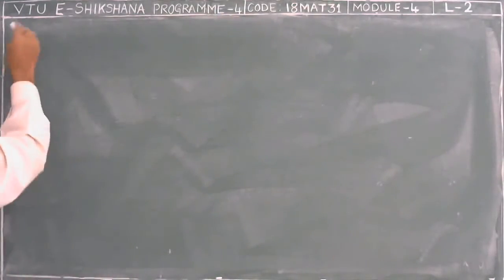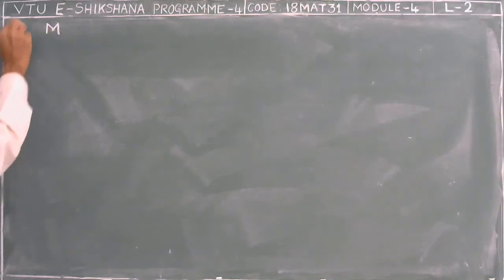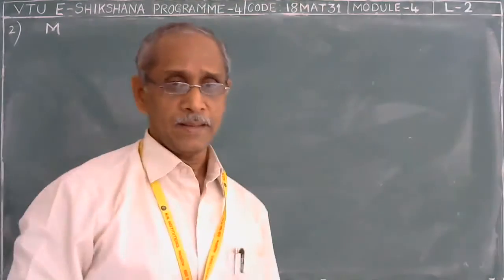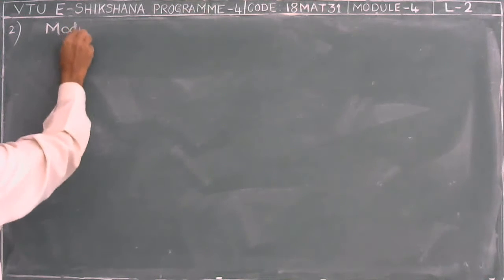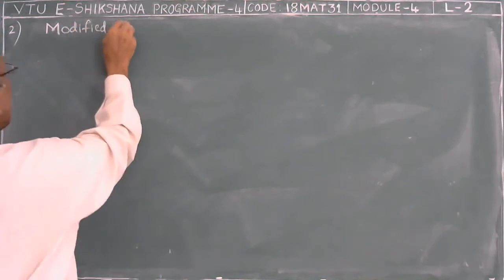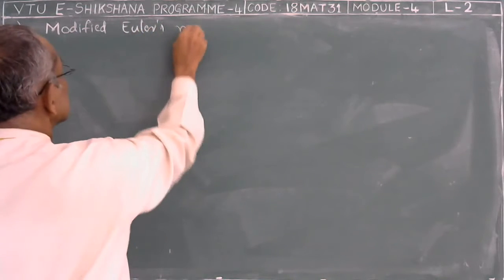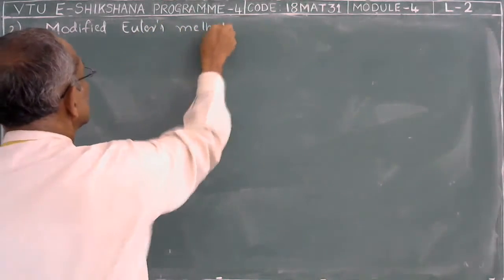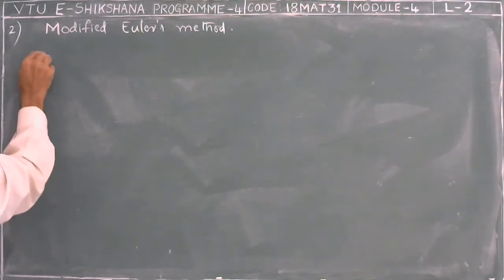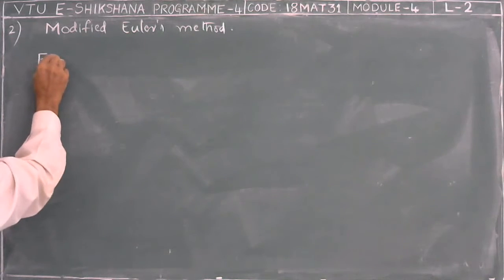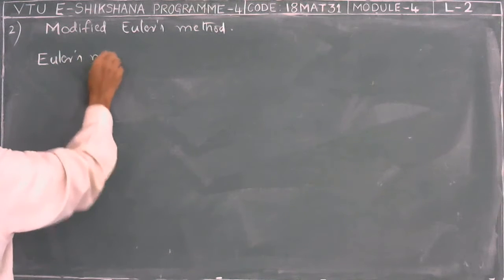First, let us understand Euler's method and its geometrical meaning.